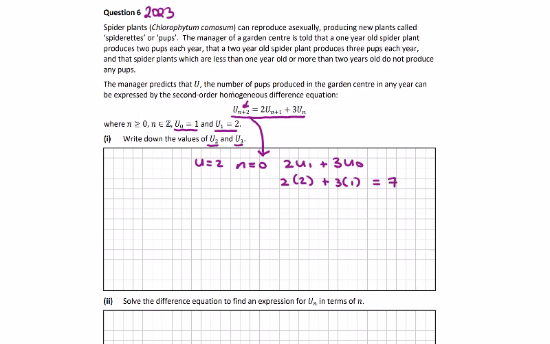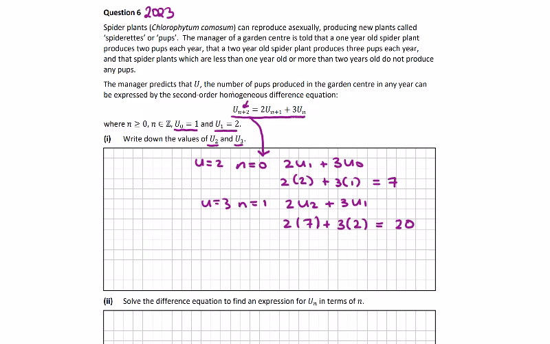And to get u3, n would have to be equal to 1. So we're going to get twice u2 plus 3 times u1, which is twice what we've just gotten, 7, plus 3 times u1, which is given as 2, which is 14 plus 6, which is 20.